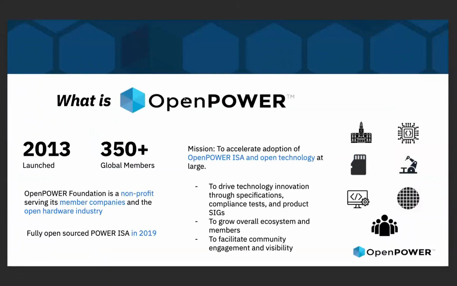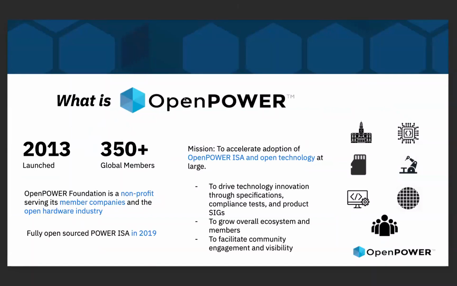So I think most of you know what OpenPOWER is, but you might not know what the OpenPOWER Foundation is. For those of you on the Zoom call as well, we are a nonprofit foundation. We have member companies, and we serve our member companies, as well as the open hardware industry in general.